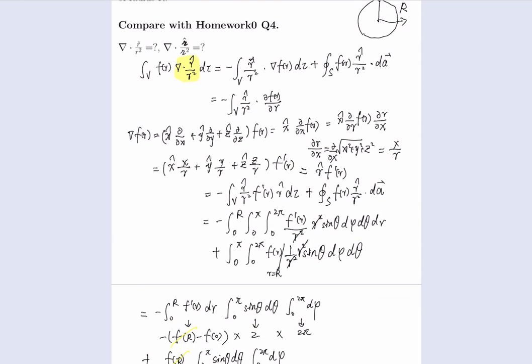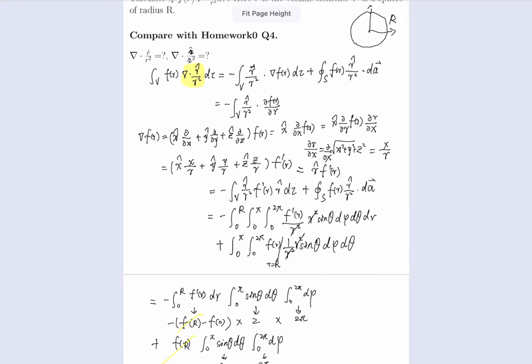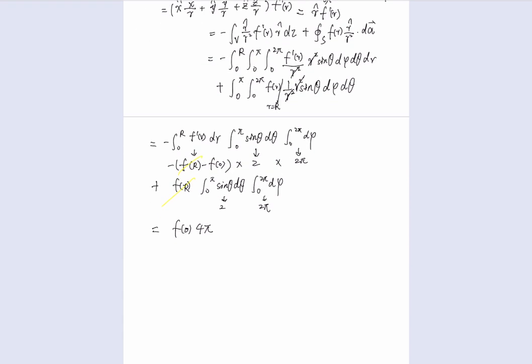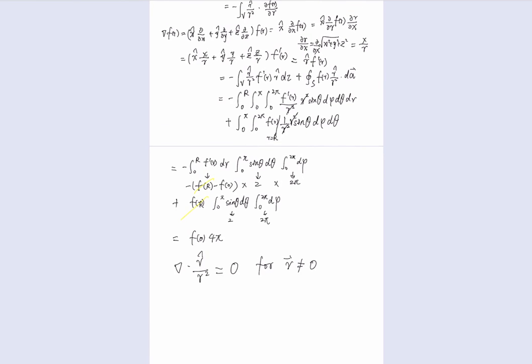So the conclusion is that if we apply del dot R hat over R square, we can actually simply get a 0 for all this R that's not equal to 0.